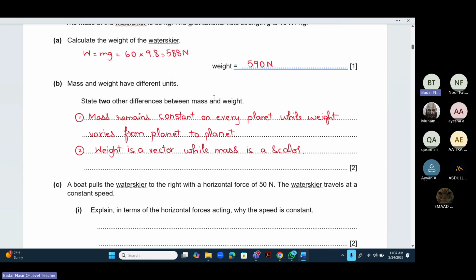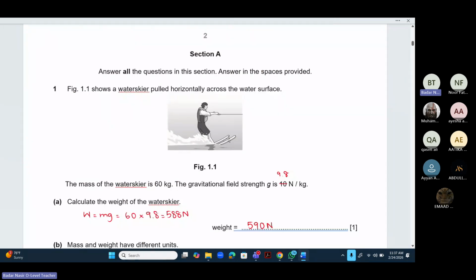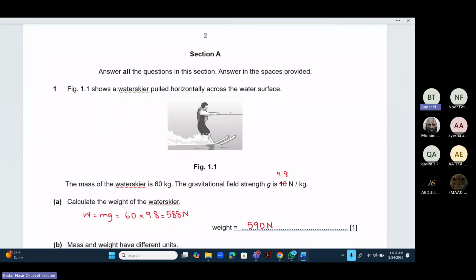Look, beta, we have this water skier and this water skier is being pulled by a force. So something is pulling it forward. When he is moving in the forward direction, the resistive force due to the water is acting in the opposite direction.